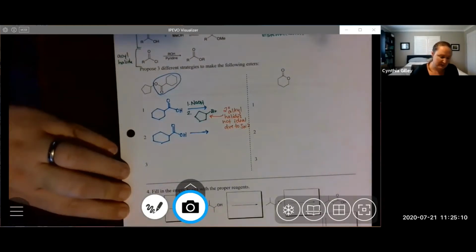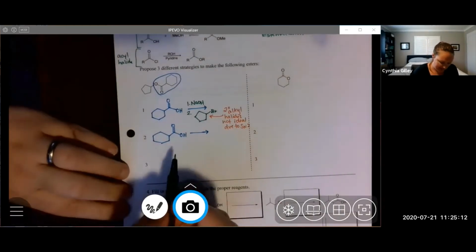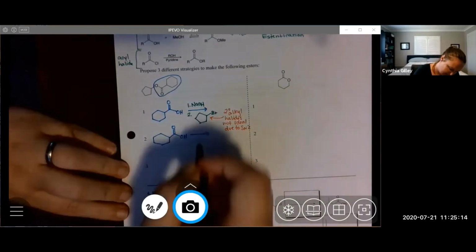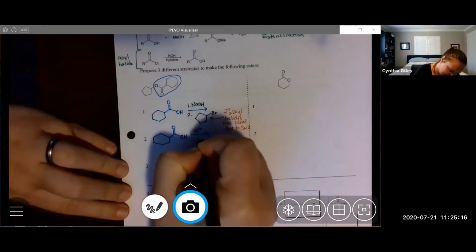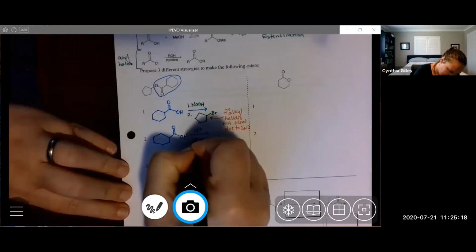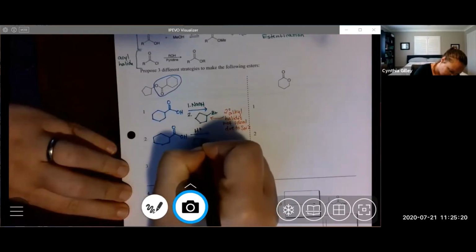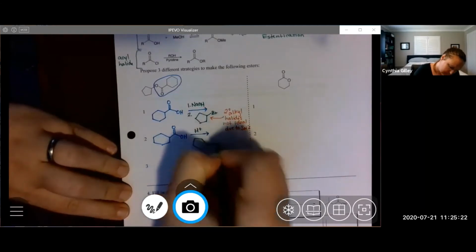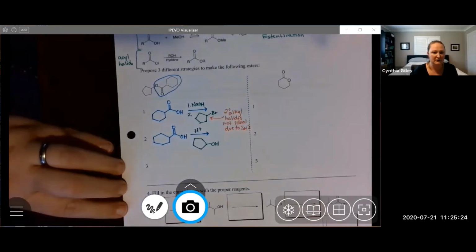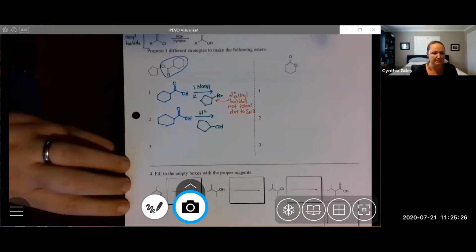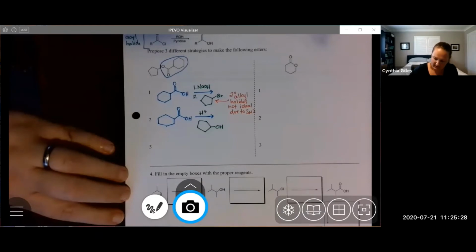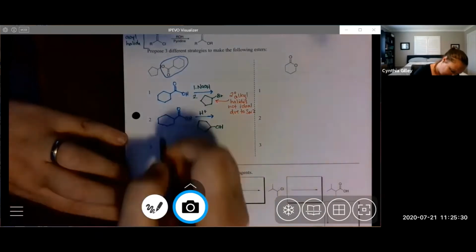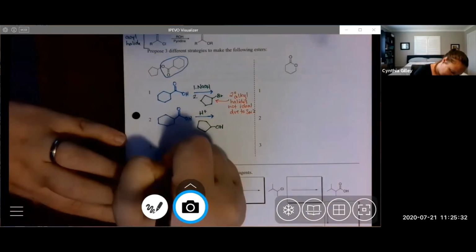Our second option would be to add in the alcohol and acid. So we could use an acid catalyst and then have the other component be an alcohol. This is a much better option for this particular case. And then the other option is to start with an acyl halide.